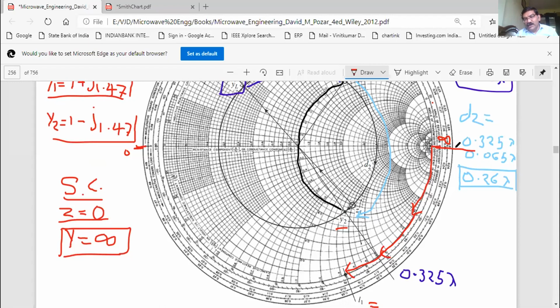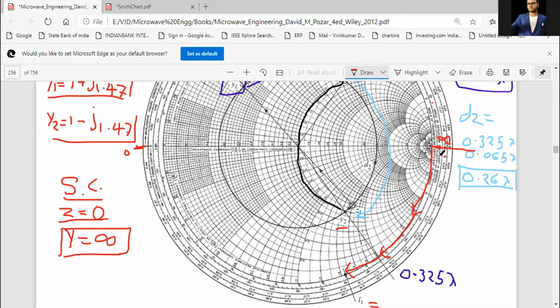What will be the wavelength toward generator? What will be the value here? Anyone can give me the value quickly? On the outermost scale here, 0.25, correct.